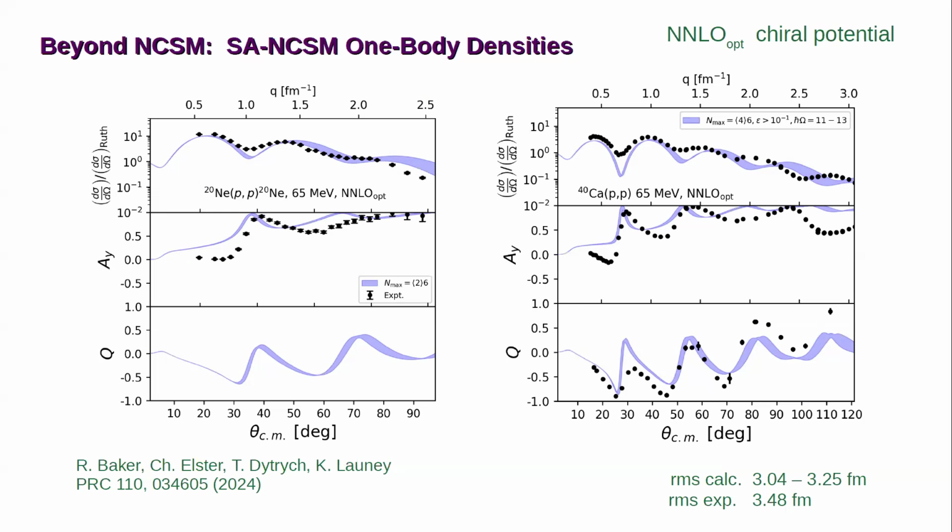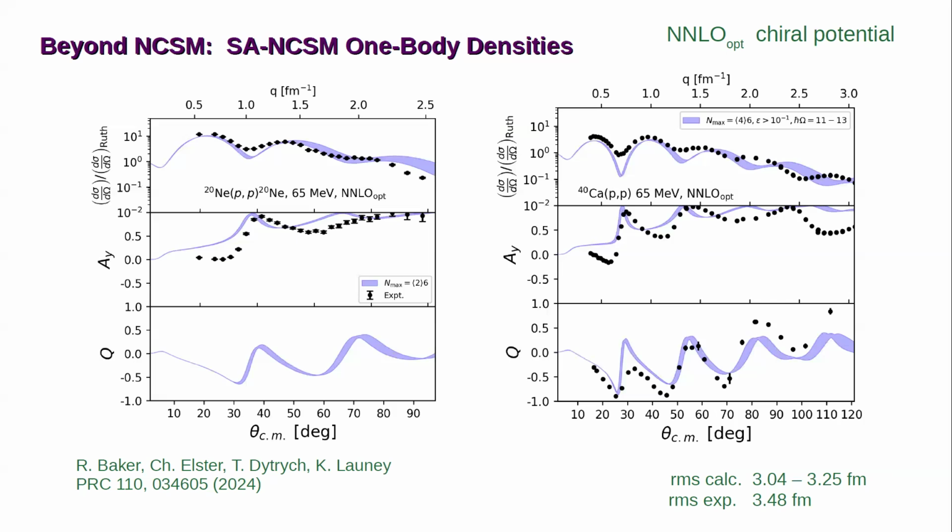Okay. Peter Maris can calculate now calcium-40 at Nmax 6, and he did a whole slew of H bar omegas. The radius depends tremendously on the H bar omega. And the energy. And so for the no-core shell model, what Peter Maris has to do, there's an energy convergence and there is a radius convergence.